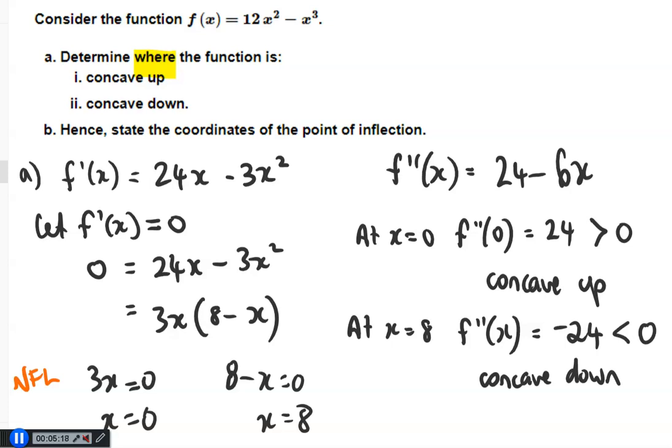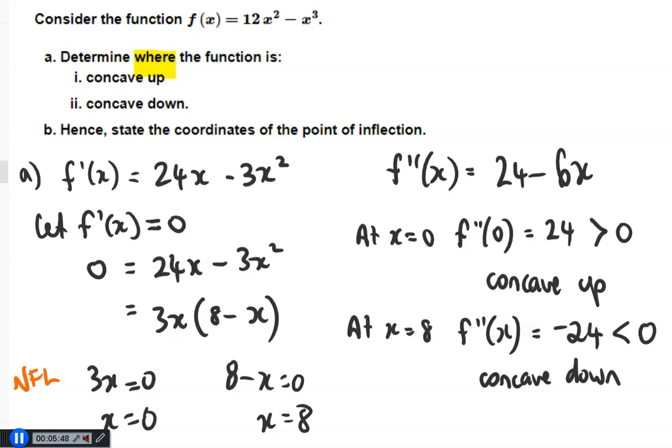It specifically says to use the second derivative test because that's what we're assessing. So if you do the first derivative test, you will not get all your marks because you haven't answered the question. I'm being very upfront: there is a question that will ask you to use the second derivative test. I can't be any more explicit than that without telling you what the function is, and I'm obviously not going to do that.